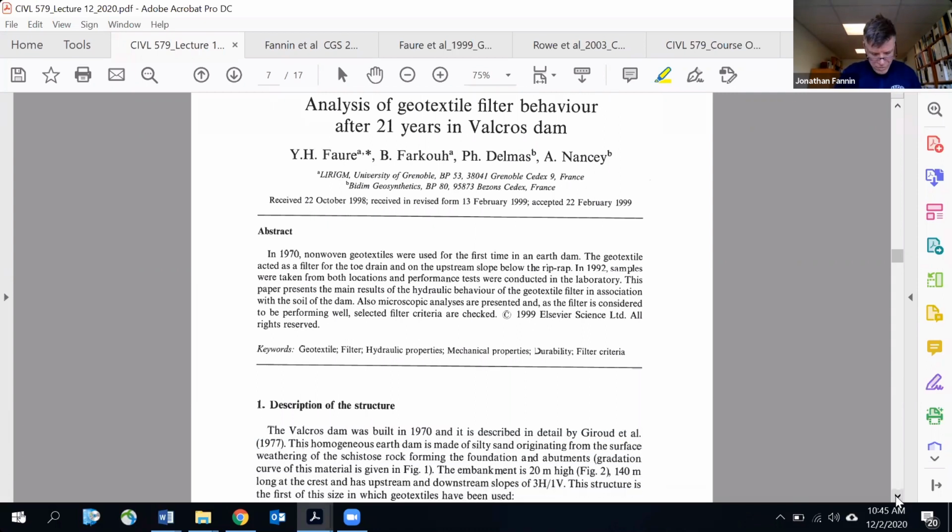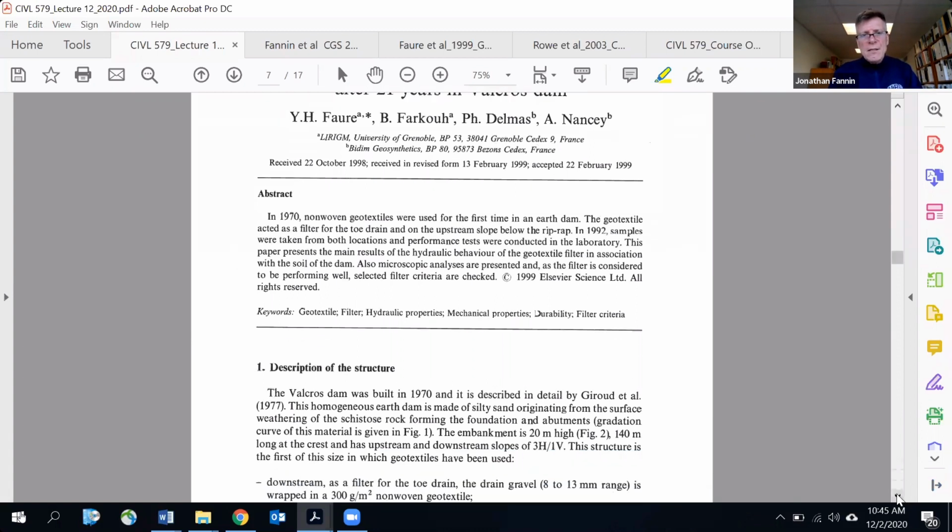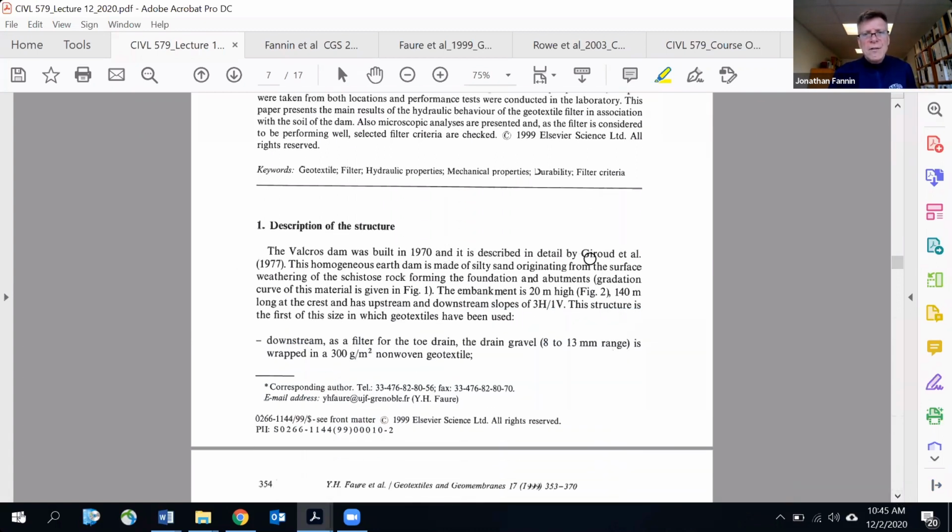And at Valcross Dam, Philippe Delmas actually was the key mover. He's one of the co-authors here. The dam was built in 1970, described by Giroux back at that time. We're talking the same decade as the building of that Swedish embankment dam, by the way, that Boggles was involved in documenting.